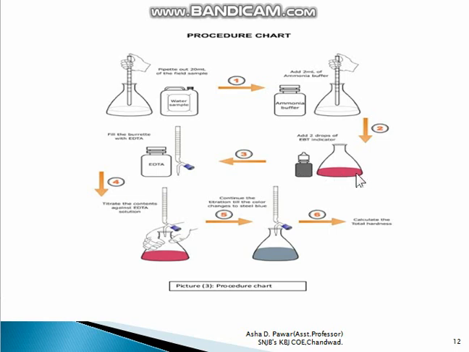Then the solution becomes pink red or wine red. In that solution we add disodium EDTA drop by drop. Then the pink red or wine red color changes to sky blue. We stop the addition of disodium EDTA and note down the burette reading. That burette reading, that is how much EDTA is required for that water sample, we use for the hardness estimation.